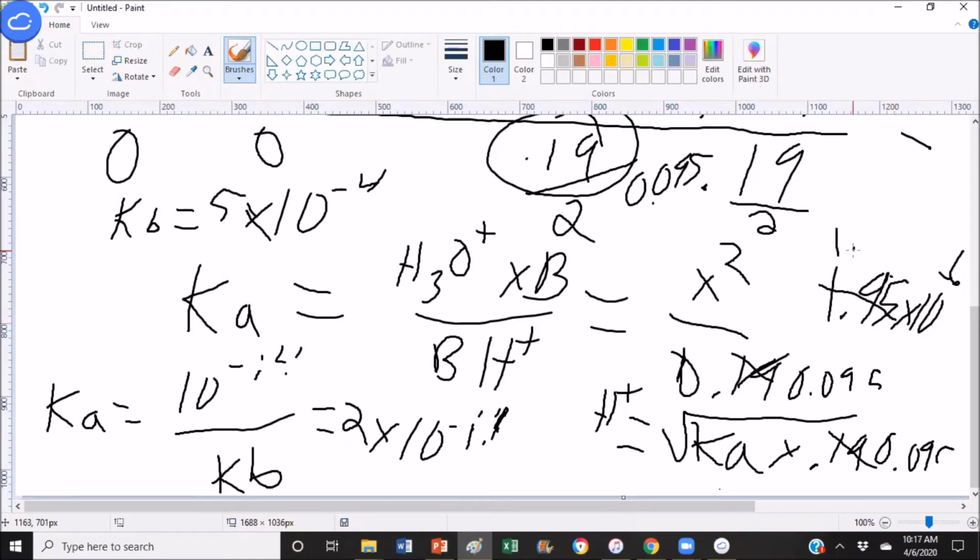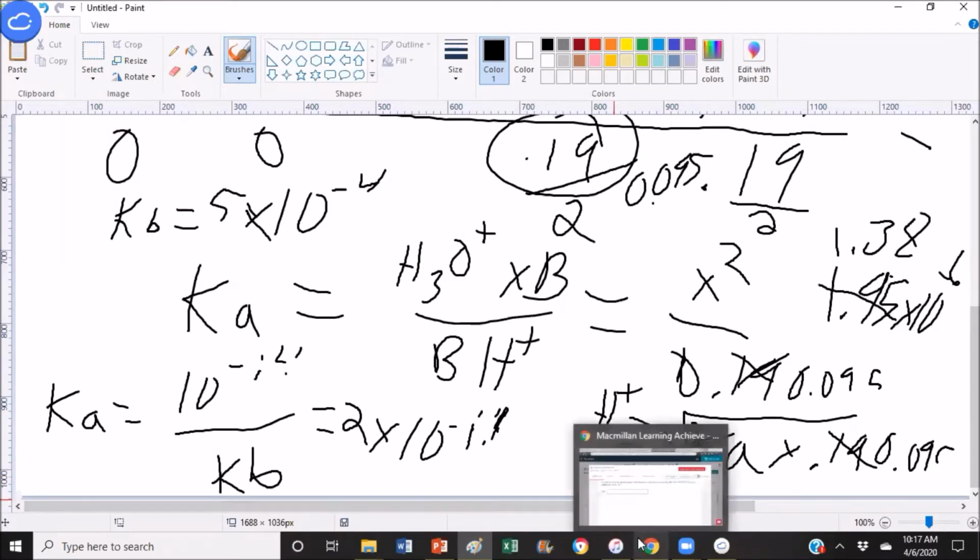It's not a huge change, but it's enough of a change that they'll mark you wrong. It's because when they add this, they're doubling the volume, and so that's going to halve the molarity as you double the volume, because it's equal amounts of acid and base neutralizing each other out.